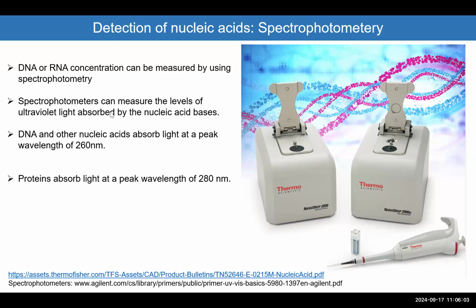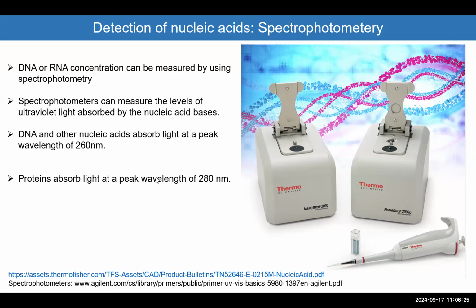So the way it works, these spectrophotometers will measure the amount of UV light that is absorbed by the nucleic acids. And it's known that DNA and nucleic acid in general, like RNA too, absorb light at the peak of 260.